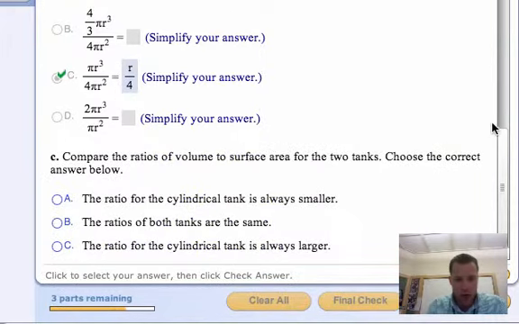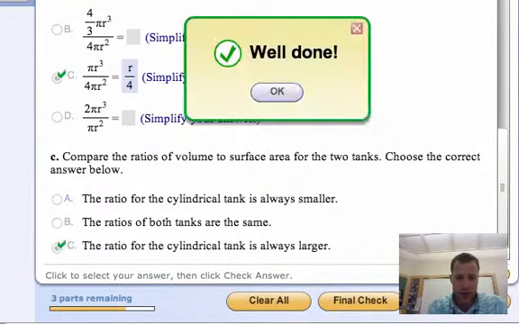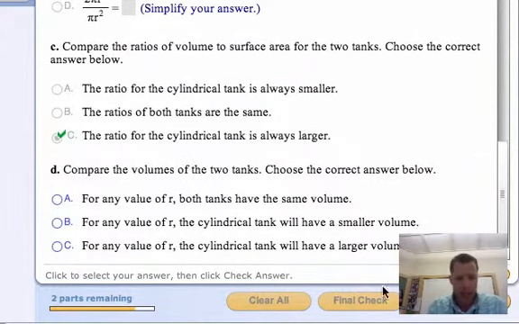Continue. All right, so the ratio of the cylinder is always smaller. Okay, and I believe that's always going to be larger. Okay, so we're going to go ahead and do that. Well done, because if you look at, I think down here it'll ask us the ratios. Compare the volumes of the two tanks. We're going to have a larger volume with the cylinder tank, I believe.